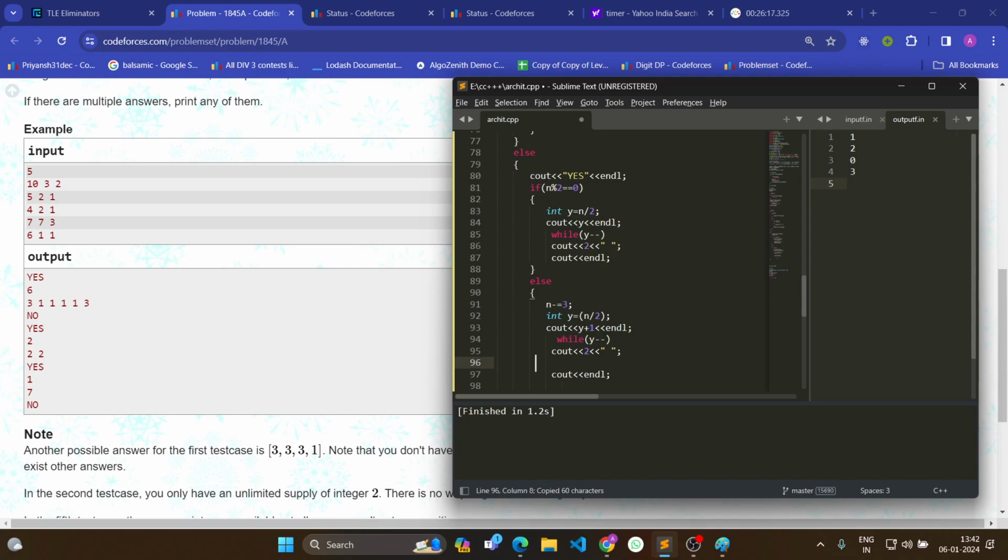The only difference is that at the end I will add a 3. Okay.